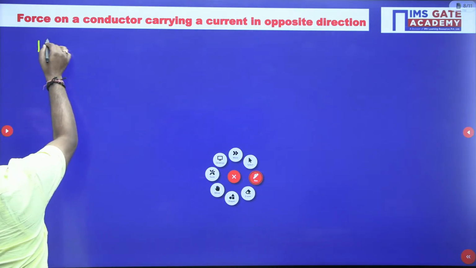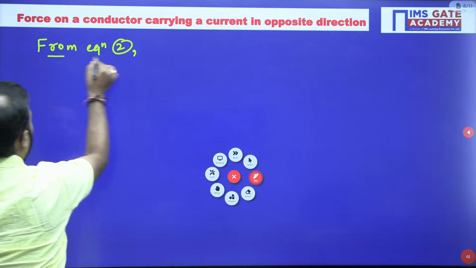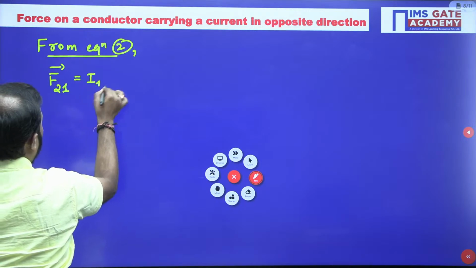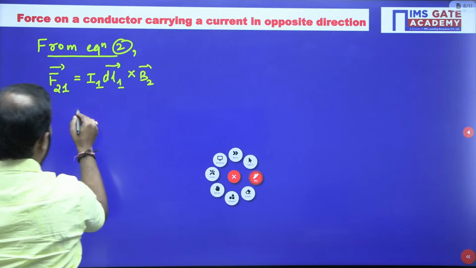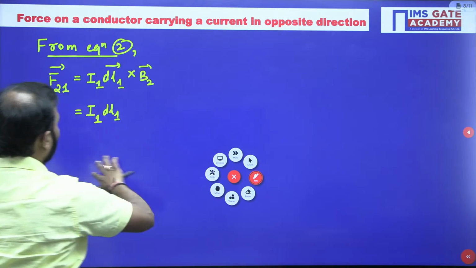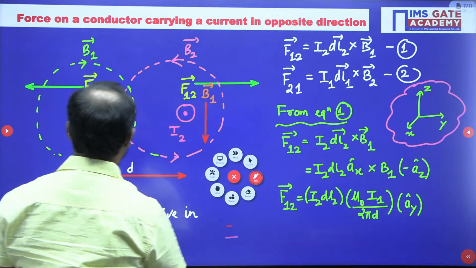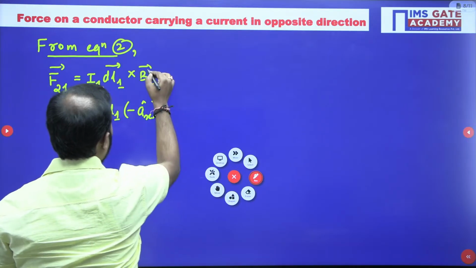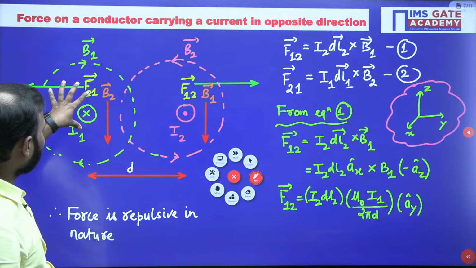Okay. Now from equation 2, what was equation 2? F21 is equal to I1 del L1 into B2 vector. So take its magnitude and find its direction. I1 del L1, and what is its direction? See, it is inside, so can I say it will be in the minus AX direction? So it will be minus AX cap into B2. B2 magnitude, and B2 is again downward. In this conductor, what is the B2 direction?